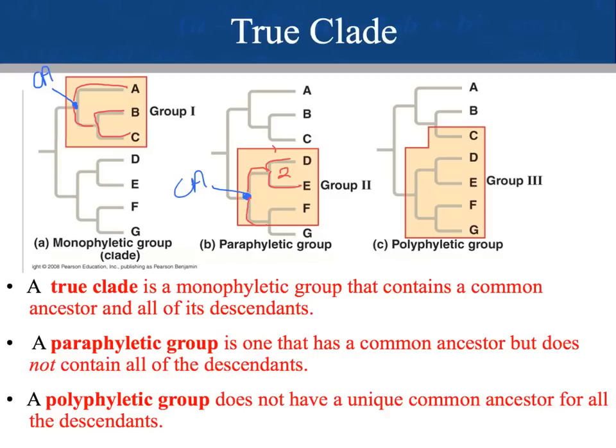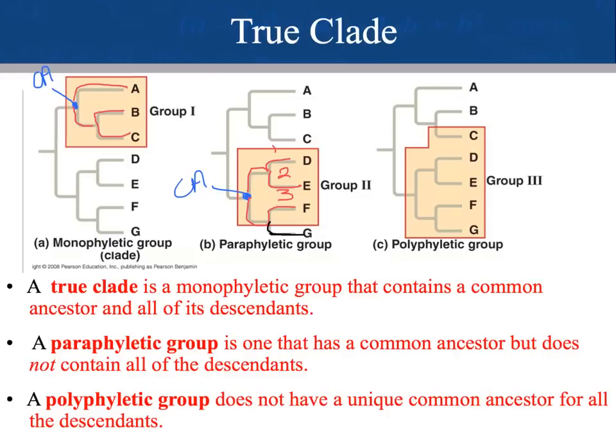And then on this side, we branch off and we form whatever this is over here, which is 3. But note, I'm going to do this one in black, that even though G does branch off of the same common ancestor, it's not included within the group. So this would be what we call a paraphyletic group. We have a common ancestor, but not all of the descendants are included. The group doesn't contain everyone that has lineage from this common ancestor.